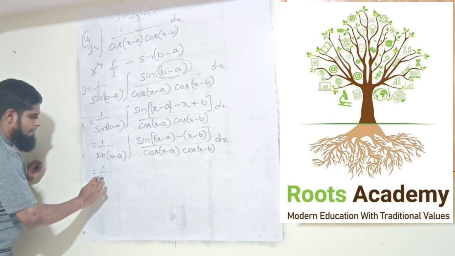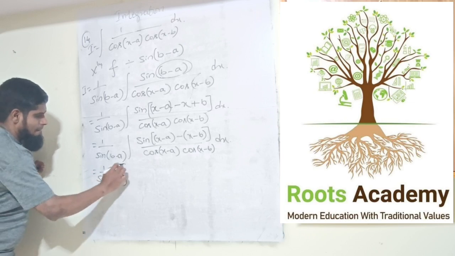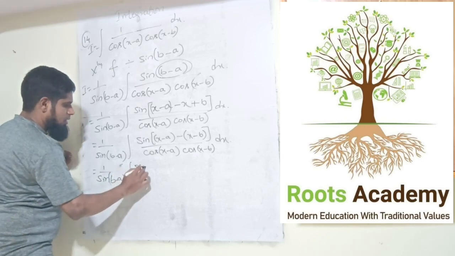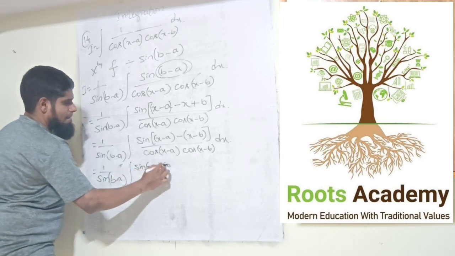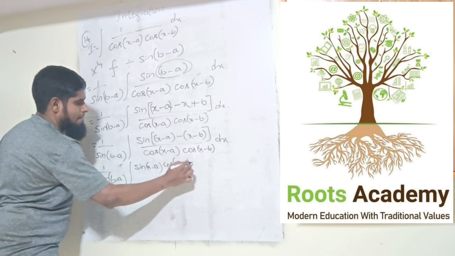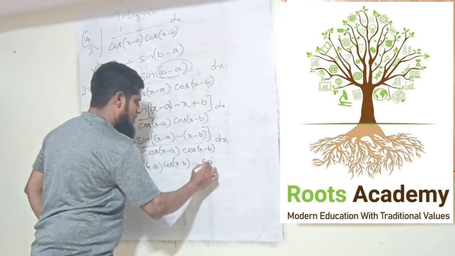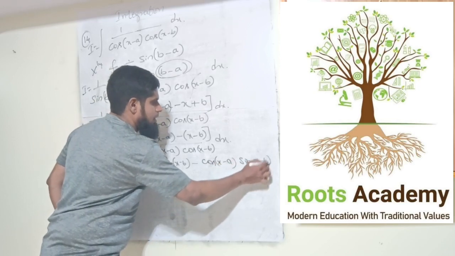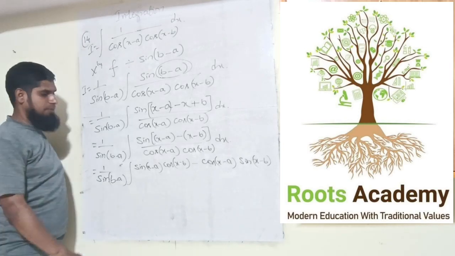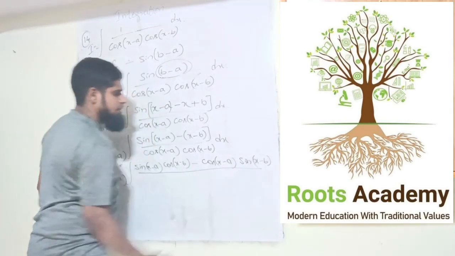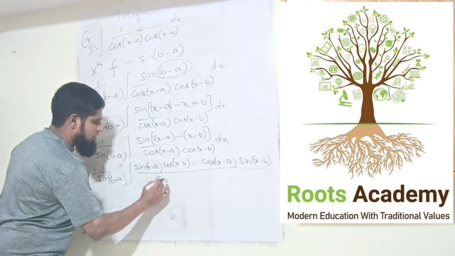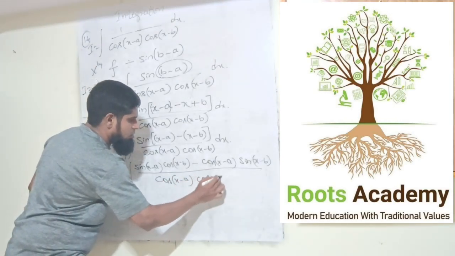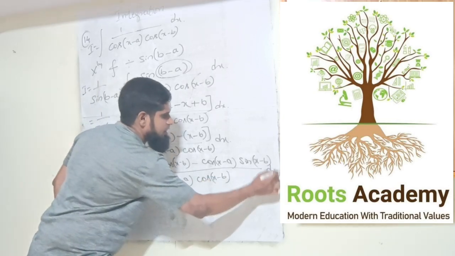That can be written as: numerator is sine a cos b minus cos a sin b, whole divided by the denominator as it is, no changes, cos of x minus a into cos of x minus b. Of course dx is there.